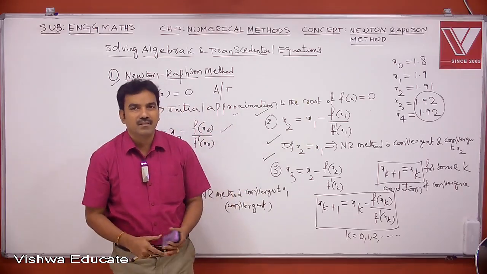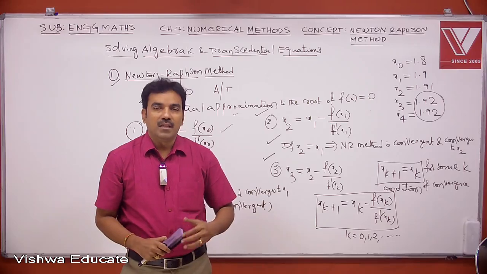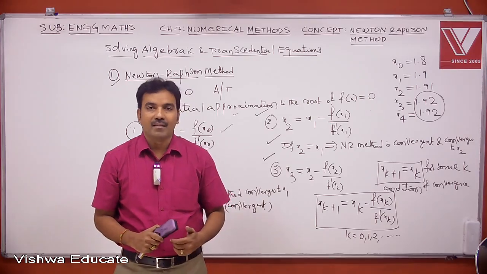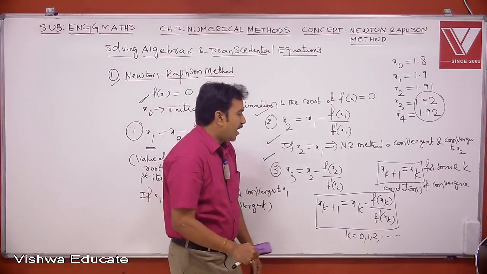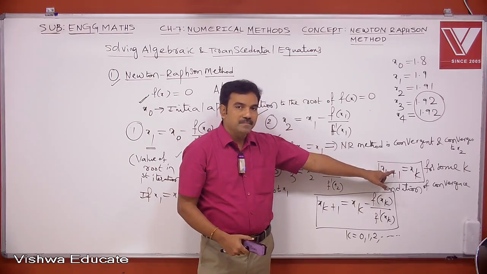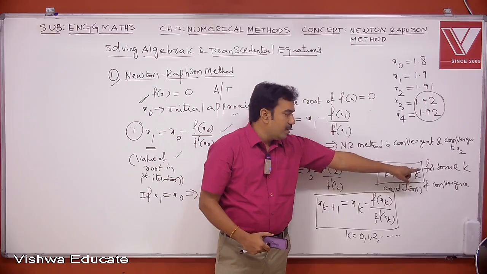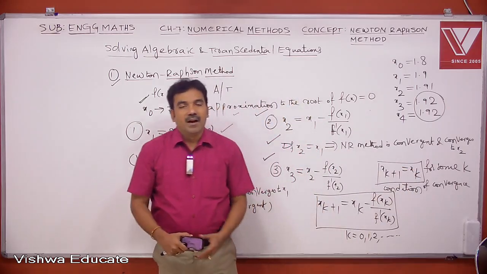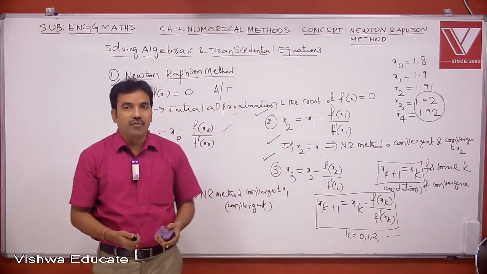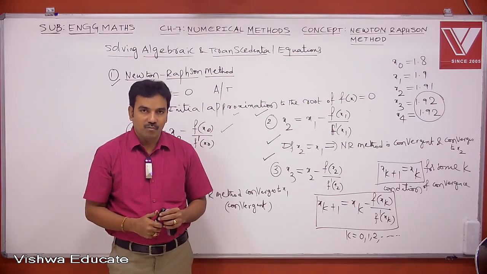Like this, the process is repeated until xk plus 1 equal to xk for some k. And this is called the condition for convergence.